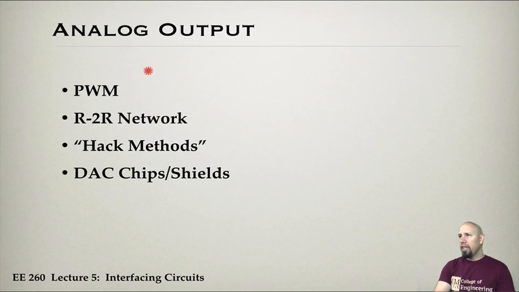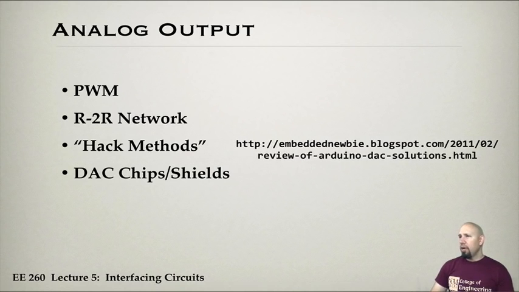We have pulse width modulation. We have an R2R network, which is basically a digital to analog converter. There are what are called hack methods, and digital to analog converter chips and shields. The hack methods that I mentioned can be found at this website, Review of Arduino DAC Solutions.